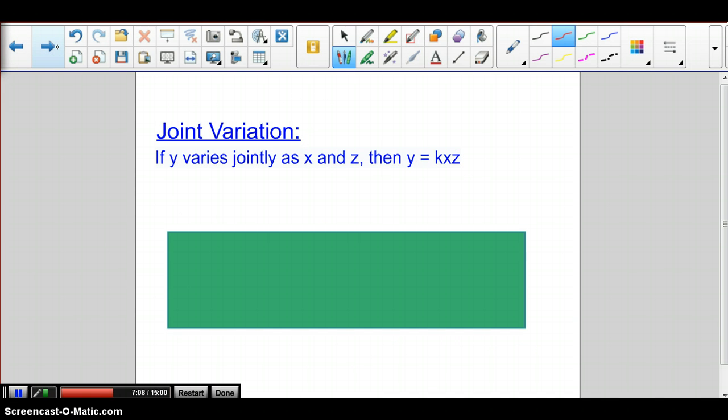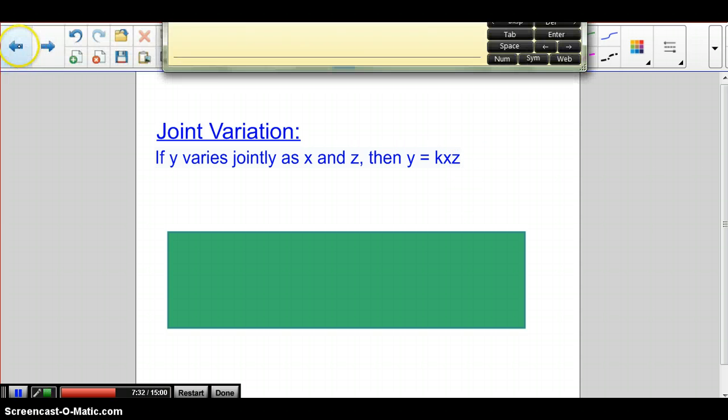And another one, we have joint variation. And what do you think of when you think of joint? Do you think of the joints in your body connecting two bones together? Two. So let's think about that. If y varies jointly as x and z, then y equals kxz.